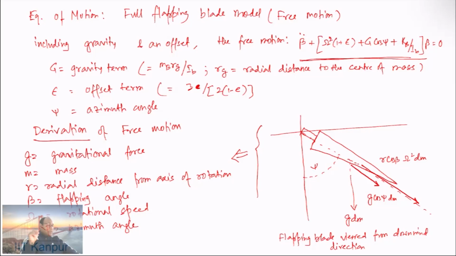Now, what we do in our further discussion is that inputs may vary as the sine or the cosine of the azimuth angle. So we will commonly use that as cyclics.